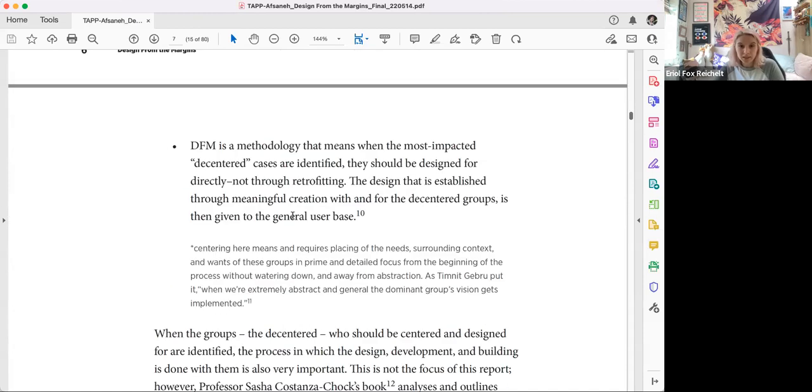I really liked this section here on the next page, which is: when we are extremely abstract in general, the dominant group's vision gets implemented. Which is great, you know, in the sense that it's from Timnit Gebru, who I believe was part of Google at one point, in their facial recognition AI department, although that could be incorrect.